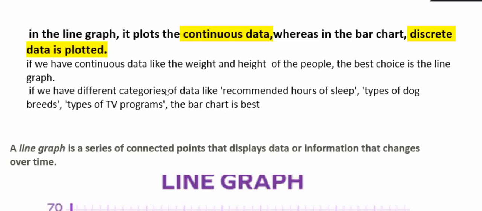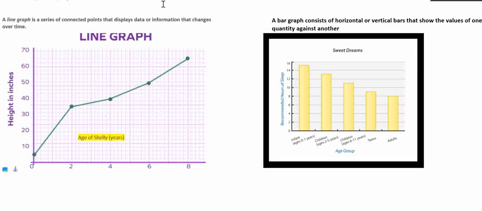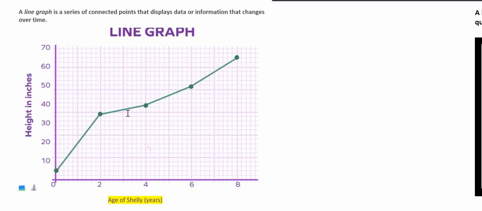If we have different categories of data, like recommended hours of sleep, types of dog breeds, or types of TV program, then the bar chart is best. This is an example of a line graph. A line graph is a series of connected points that display data that changes over time, like height in inches against the age of Shelley in years.